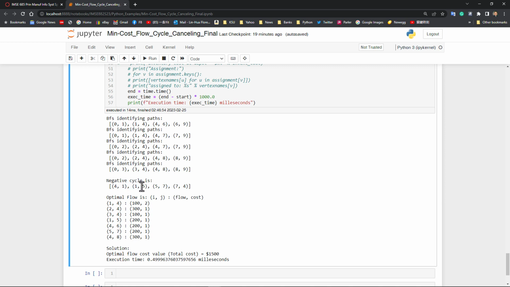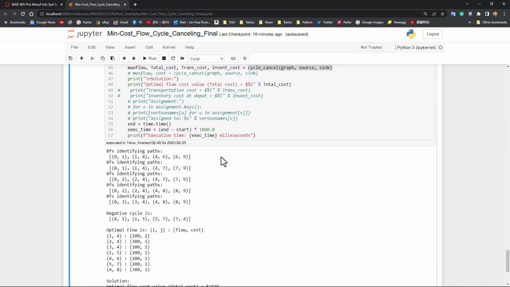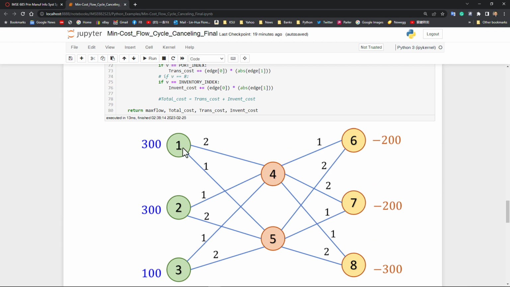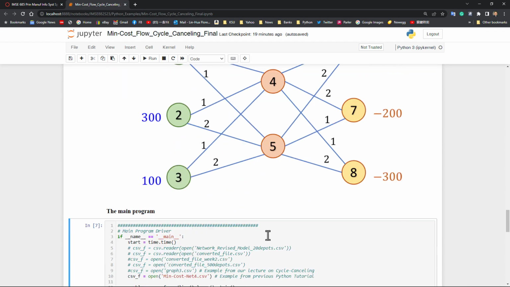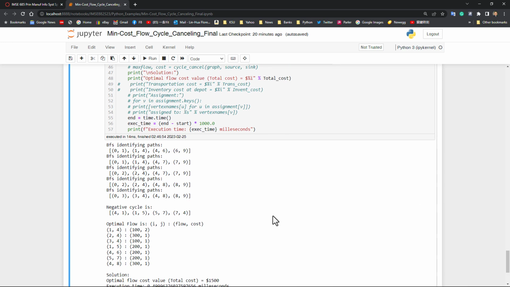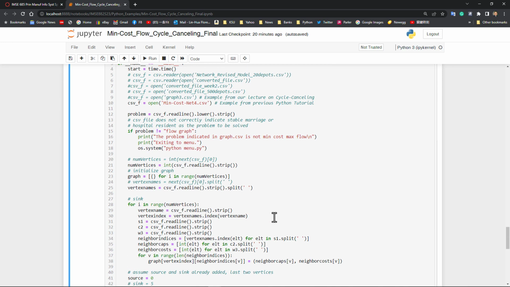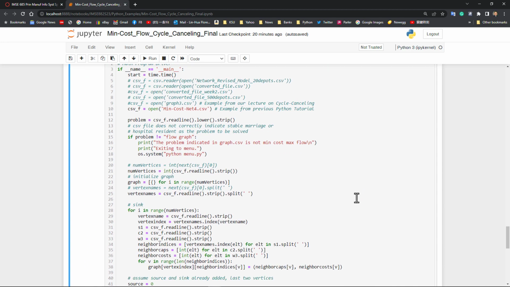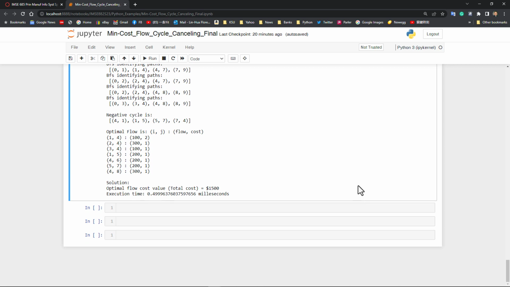So it's kind of a backward flow: 4 sends reverse flow back to 1, 1 going back to 5, and 5 going to 7, 7 going back to 4. So this is the negative cycle we can find on this initial solution.